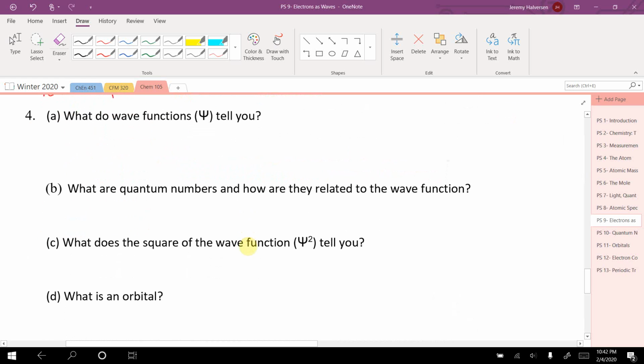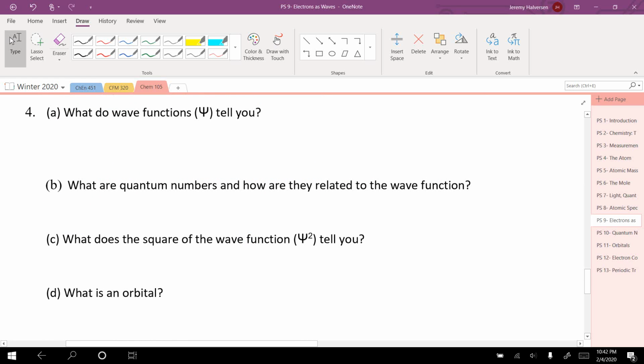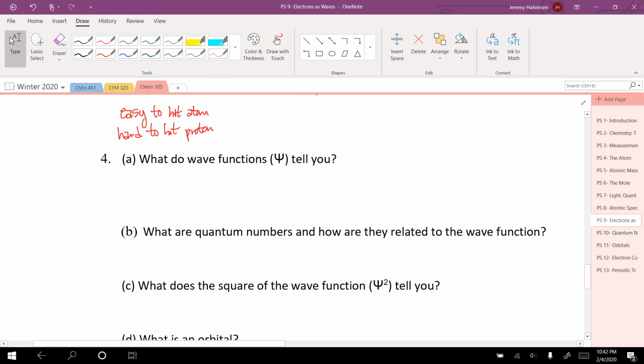Okay, so let's answer some conceptual questions. So what is the wave function? The wave function, so this is psi, is the solution to Schrodinger's equation.